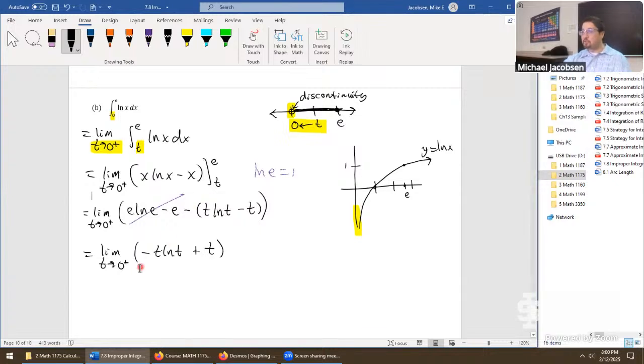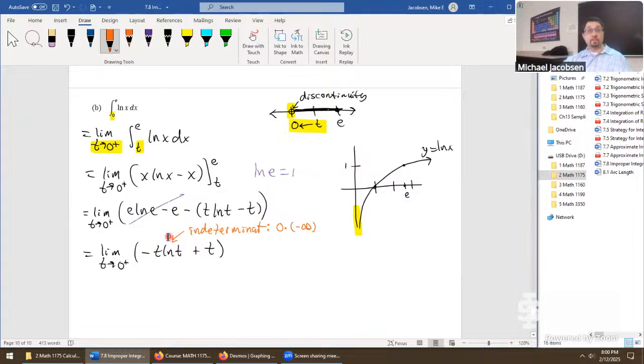This one again has some concerns because if you go to 0 from the right on this, you have an indeterminate form right here. It'd be 0 from here if t goes to 0, whether from the left or the right, that's just going to go to 0. By natural log t, as you go from 0 to the right, you're plummeting downwards towards negative infinity.